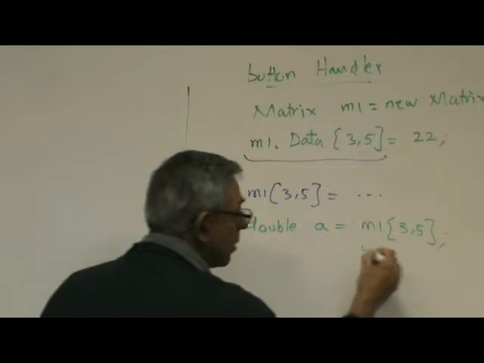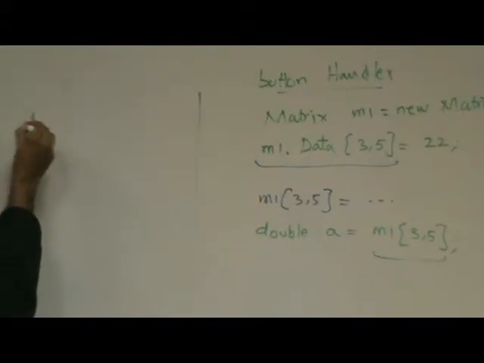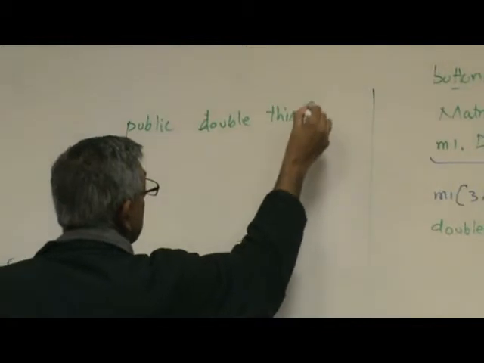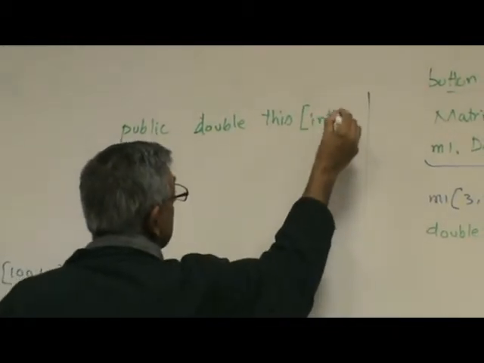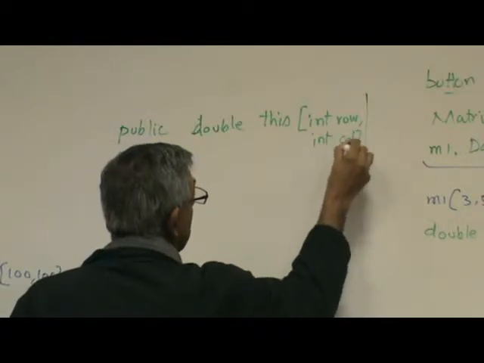Okay, so we are triggering the indexer. What kind of data will it return? Actually, it will return a double, right? So you will say public double this, and in the square bracket, let's say int row, comma, int column, right?